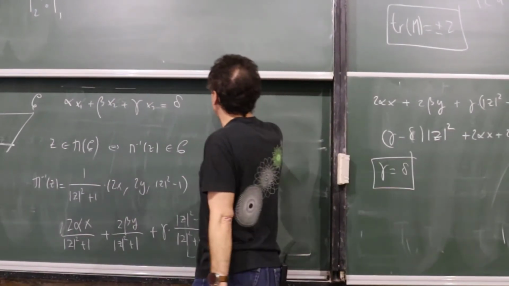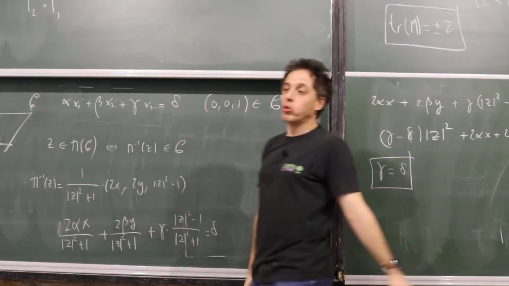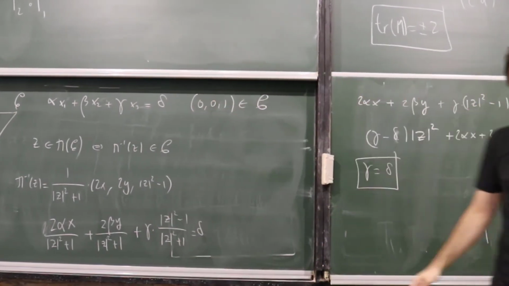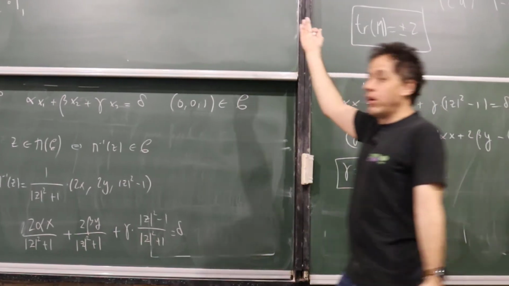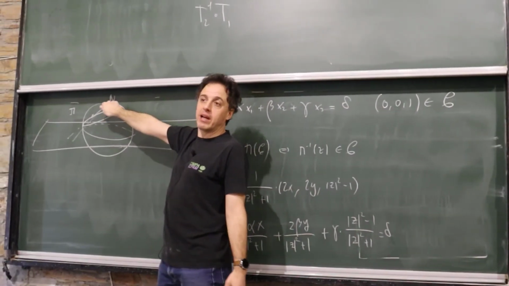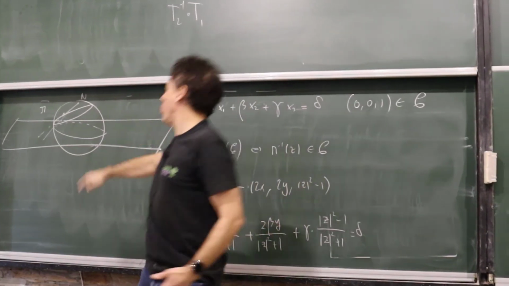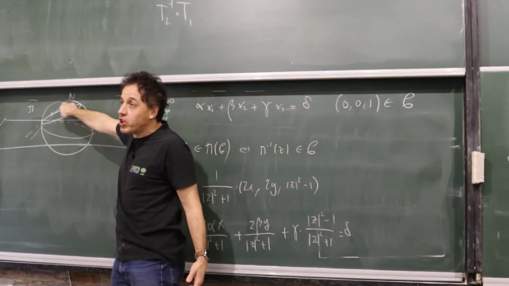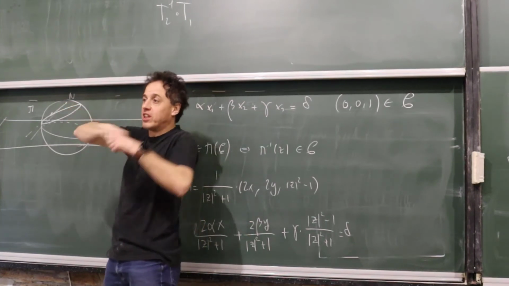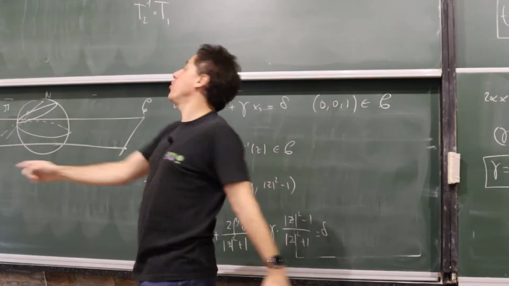Only when the point 0, 0, 1, the north pole, belongs to the original circle. Of course, if you take a plane passing through the north pole, it cuts your sphere in a circle that goes through the north pole, and the projection of this circle is a straight line.